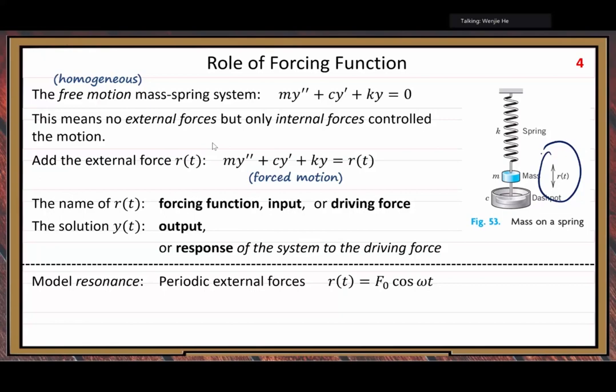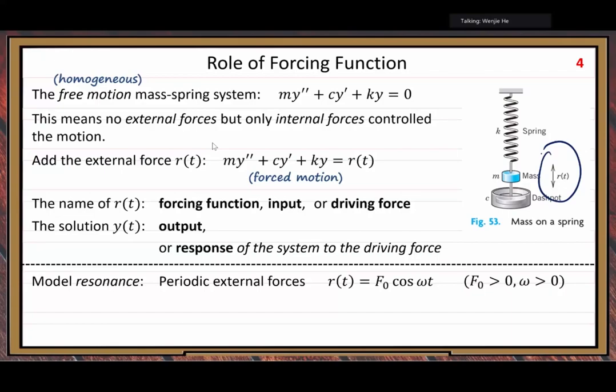Although you can add a sine term, here we just use a simplified version.